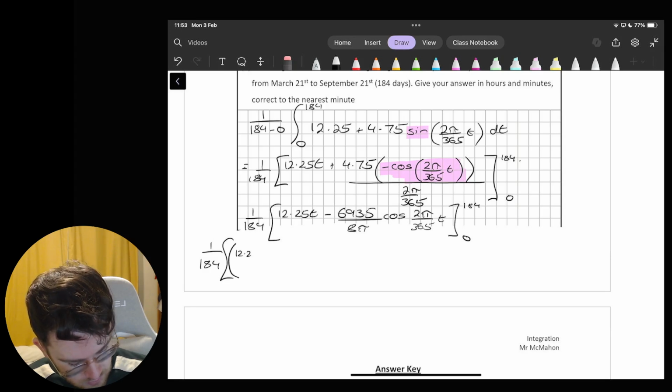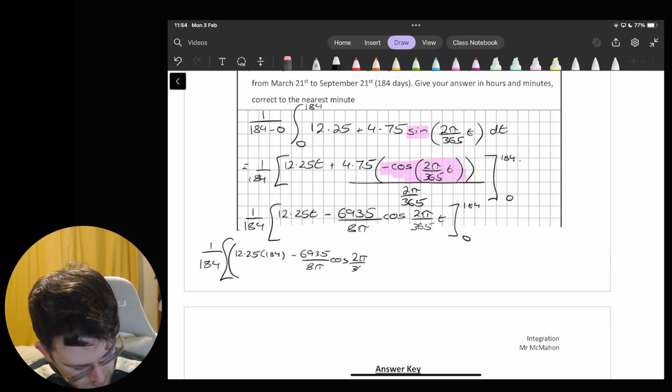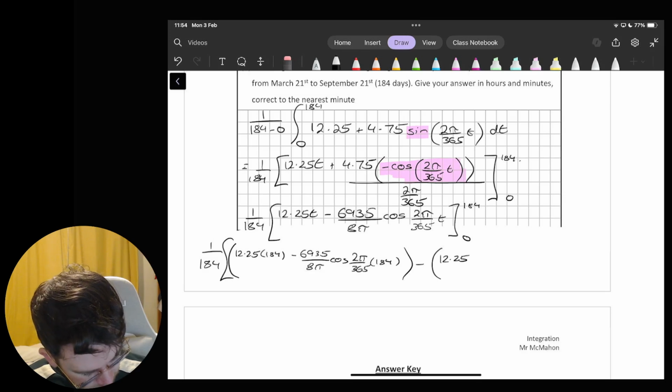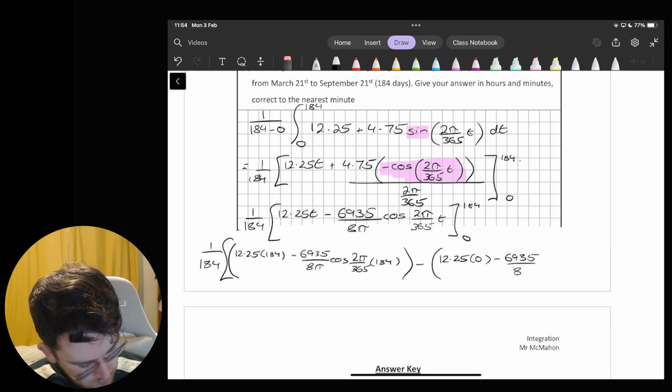So 12.25 times 184 minus 6935 over 8 pi cos 2 pi over 365 times 184 minus 12.25 times 0 minus 6935 over 8 pi cos 2 pi over 365 times 0.